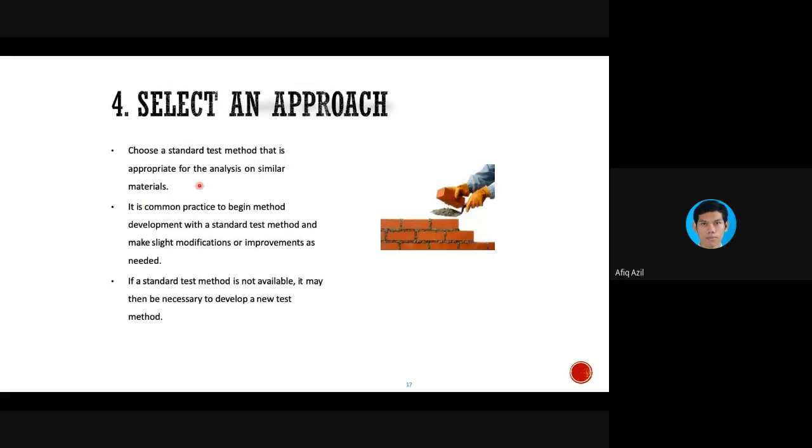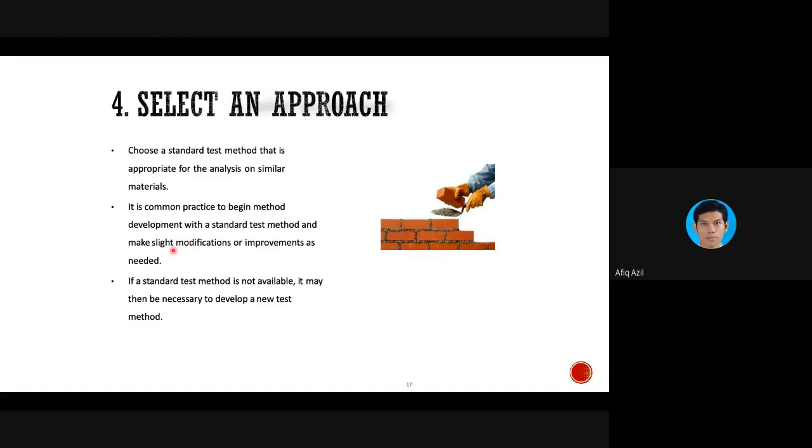So here in step 4, choose a standard test method that is appropriate for your analysis on similar materials. It is good to begin method development with a standard test method and make slight modification or improvement as needed. So once when you do your literature review, don't straight away say that, oh, I just developed a new non-standard method. Instead, try to have a standard method as your base, then only you make slight adjustments to it.